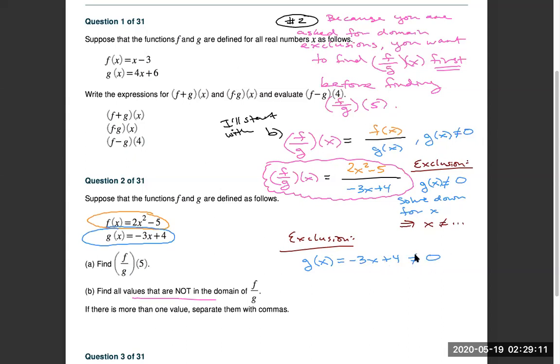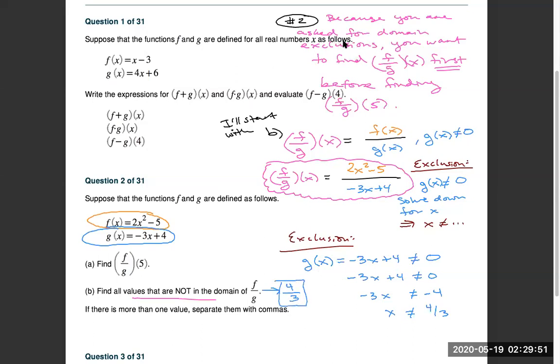So specifically put a don't equal sign between. What we're saying is negative 3x plus 4 cannot be equal to 0. Otherwise, our function's undefined. Solve back for x. So the value that's not in the domain of f divided by g is 4 divided by 3.